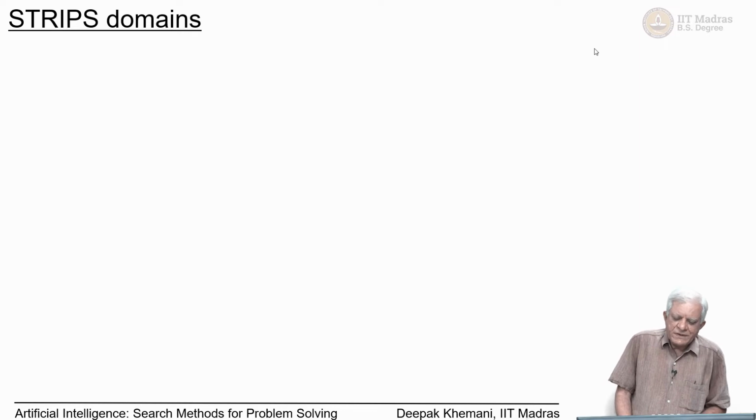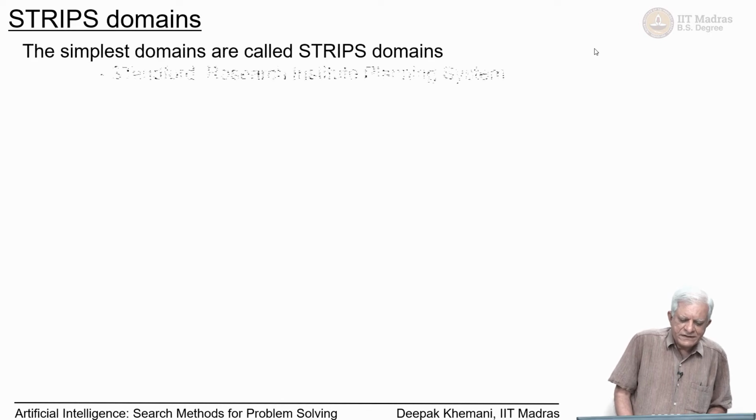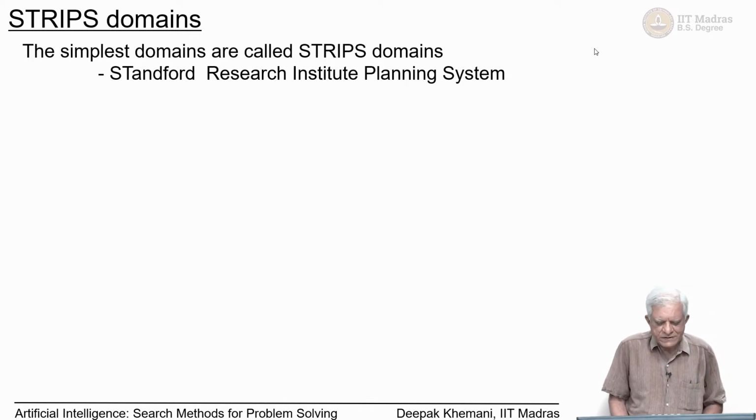Now, the simplest domains are called STRIPS domains, and this is an acronym for Stanford Research Institute Planning System. Some of the first planners were developed in Stanford Research Institute, SRI it used to be called at one point.